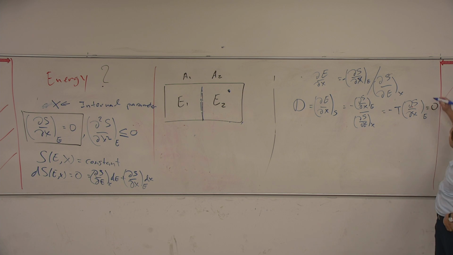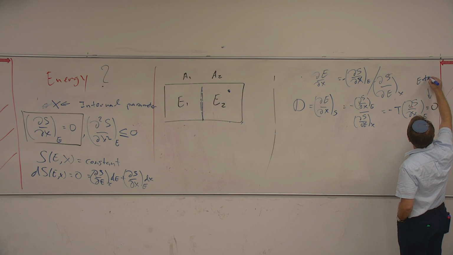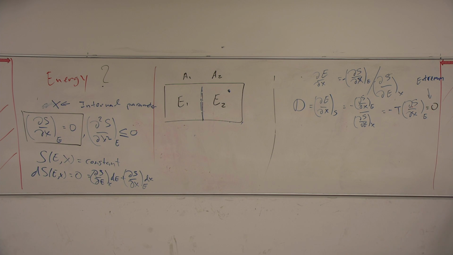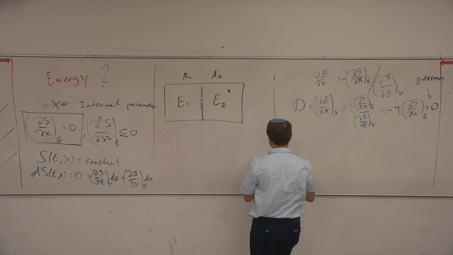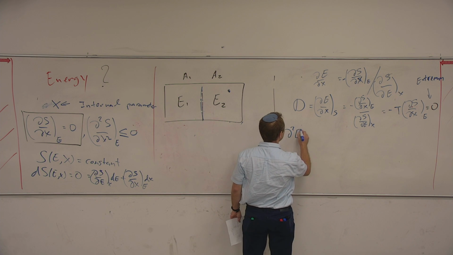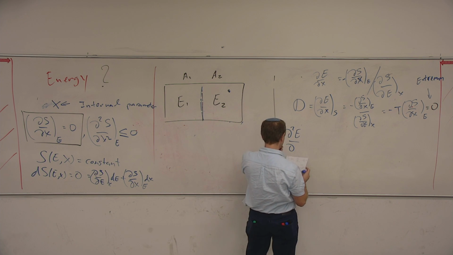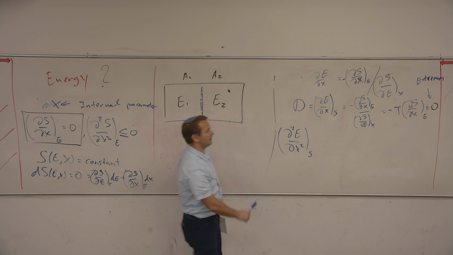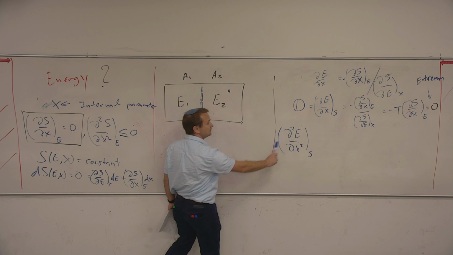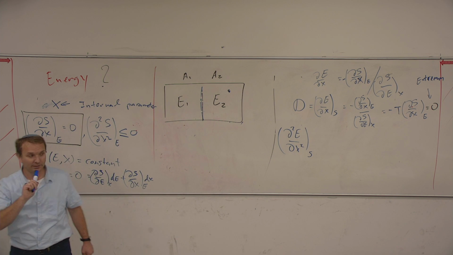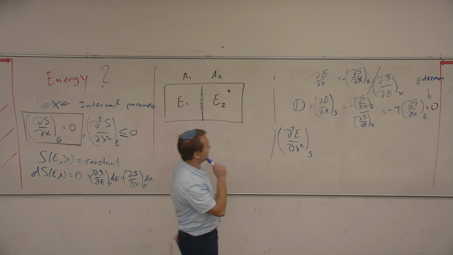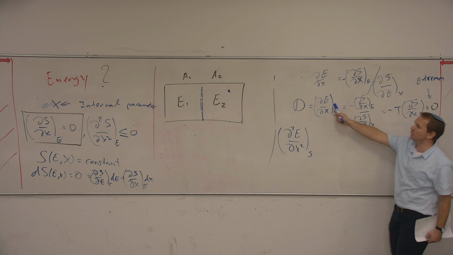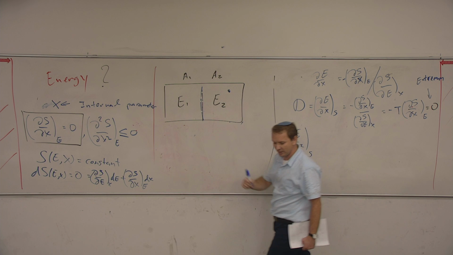So this is an extremum point. And we need to go to the next derivative, right? We need to go to ∂²E/∂x² with respect to S, and compute this derivative as well. And an extremum of what? An extremum of E with respect to x, right? Because the derivative of E with respect to x is 0.